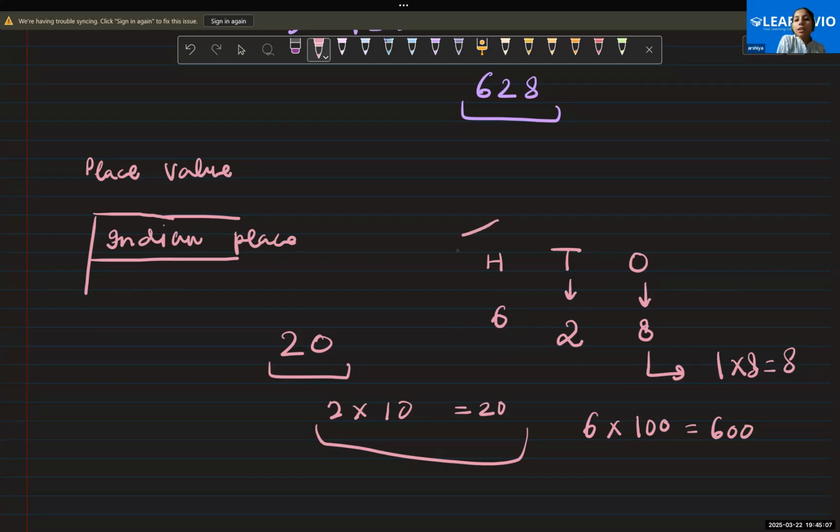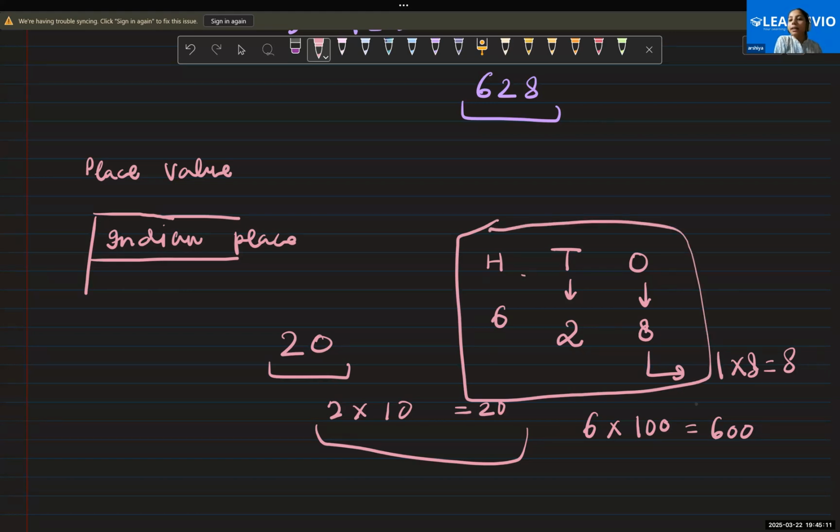Now, because there are 3 digits, this is our place value: hundreds, tens, and ones. How will I read this number? I will call it 628. All the numbers that are in the tens, we use ty at the end, right? 20, 30, 40, 50, 60, 70, 80, 90.